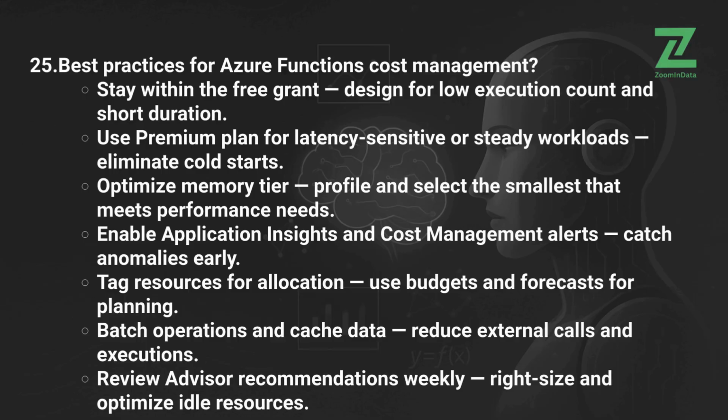Enable Application Insights and Cost Management alerts. Catch anomalies early. Tag resources for allocation. Use budgets and forecasts for planning. Batch operations and cache data. Reduce external calls and executions. Review Advisor recommendations weekly. Right-size and optimize idle resources.